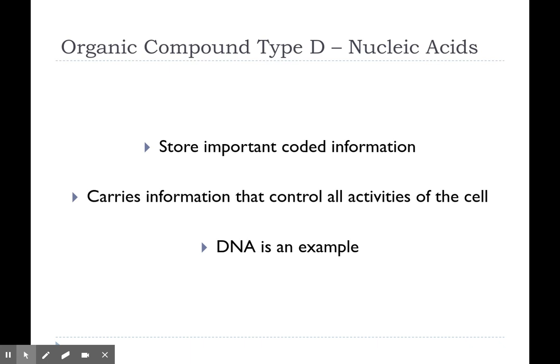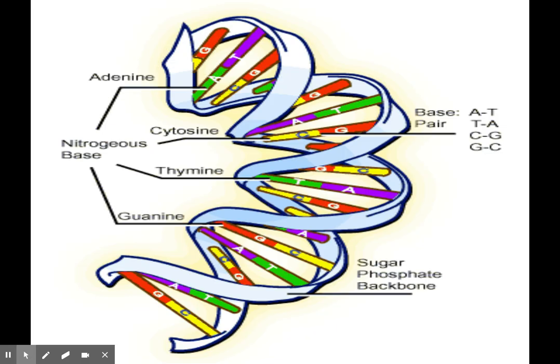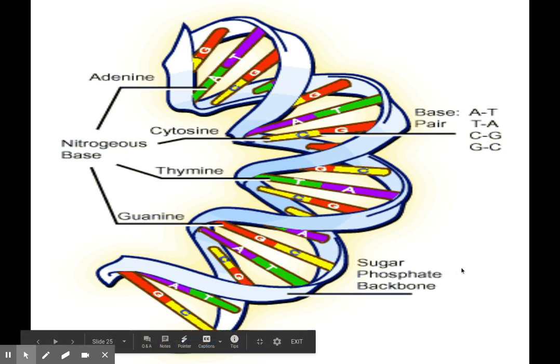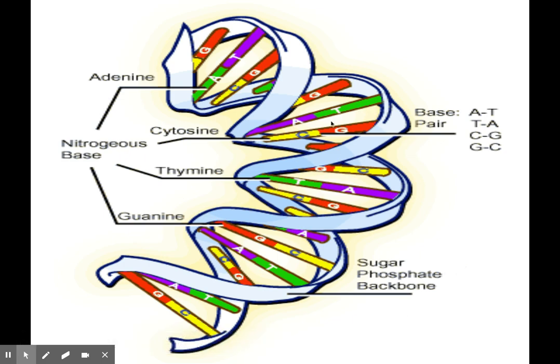So DNA is deoxyribonucleic acid, but the N and the A is for nucleic acid. You will often see DNA represented as this twisted ladder shape. The sides of the ladder are the sugar phosphate backbone, and the connecting pieces, or the rungs, are where all this information is stored.